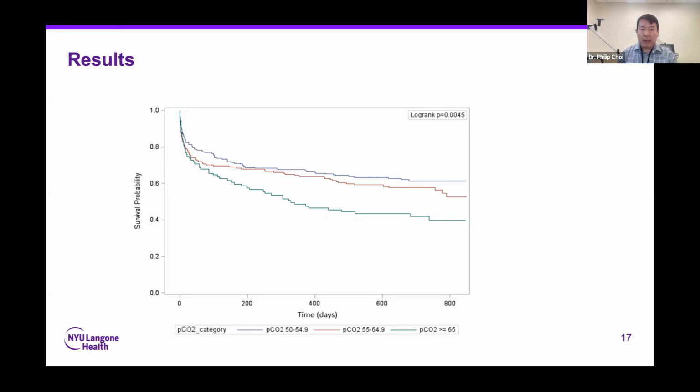And so as you can see in a very clear delineation, the mortality over the follow-up period was related to the levels of PCO2. So from this data, you can at least determine that based on elevated PCO2s, your mortality increases with the higher the PCO2 levels.